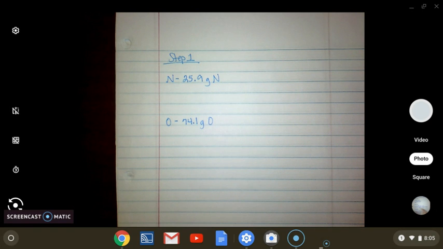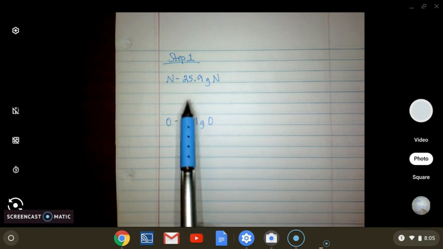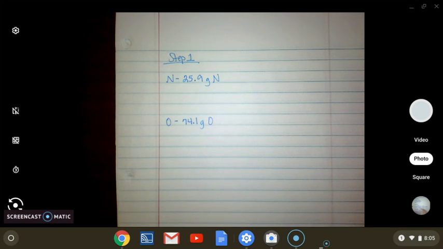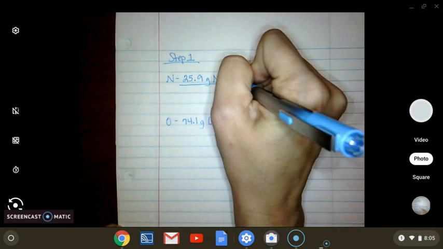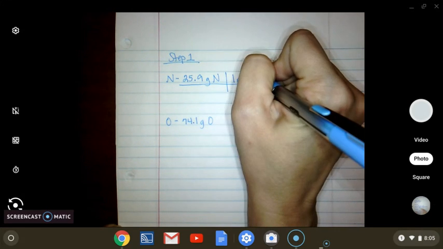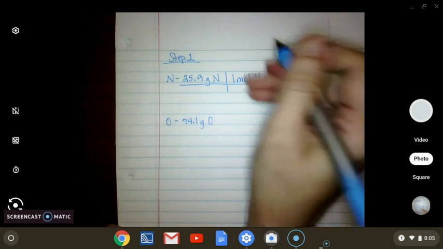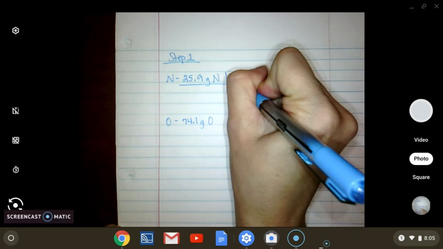You're going to do the same thing we did before the break. You're converting grams to moles. This is just a one-step problem, because you're not having to find the molar mass, because it's just the atomic mass from the periodic table. So remember, mole goes on top here. And then your atomic mass for nitrogen is 14.01.